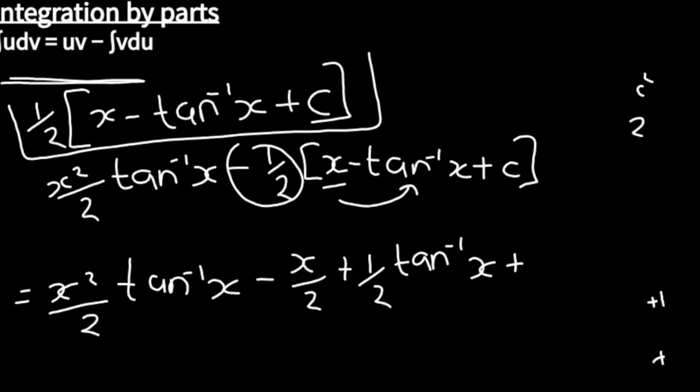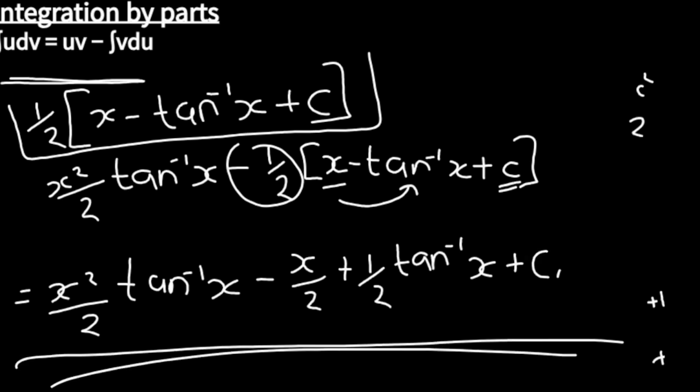Plus, negative half is just a constant, the same as 3 or 5. So negative half times positive c is going to be a certain constant, which we'll call C1. So this is going to be your final answer.